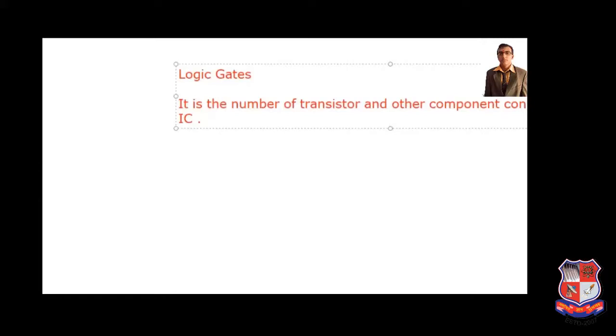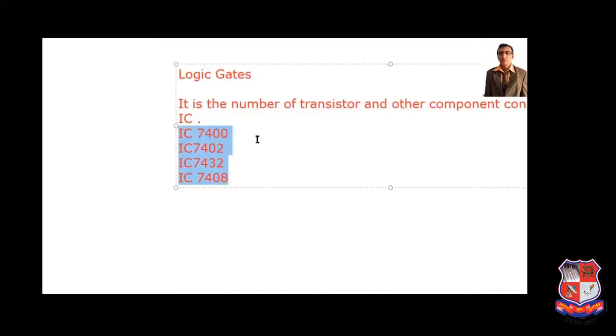Now, based on the IC, say IC 7400, IC 7402, IC 7432, IC 7408, these are different numbers which indicate the different logic gates. I will explain this in the last portion of my lecture.